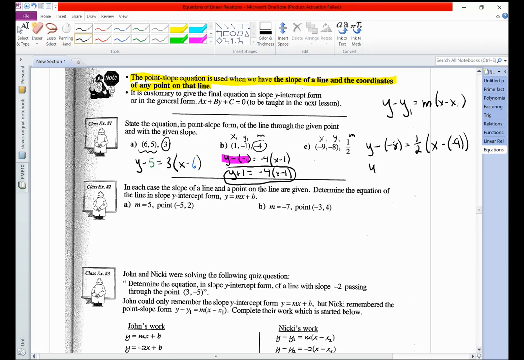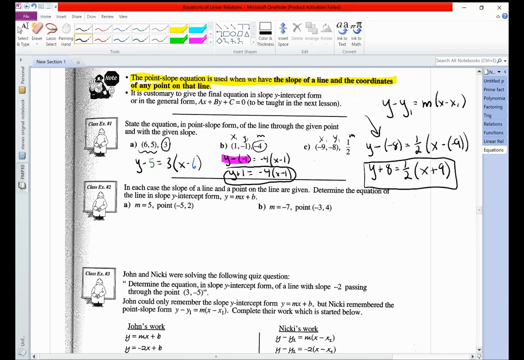So y subtract negative 8 is the same as y plus 8 equals 1/2 times x minus negative 9, which is the same as x plus 9. And that's the proper equation. We don't want to leave it like the one on the top, because it's mathematically correct, but it's not in the simplest terms.